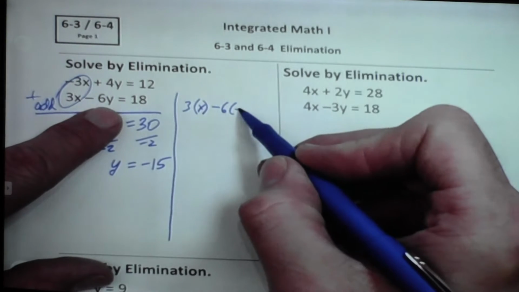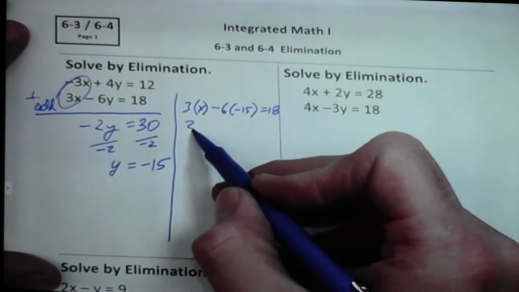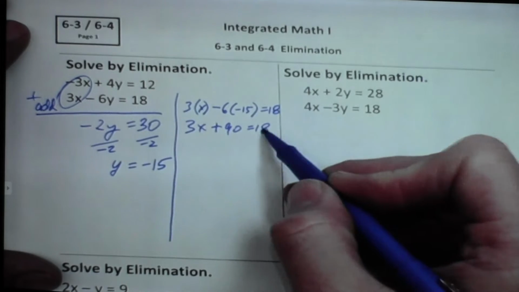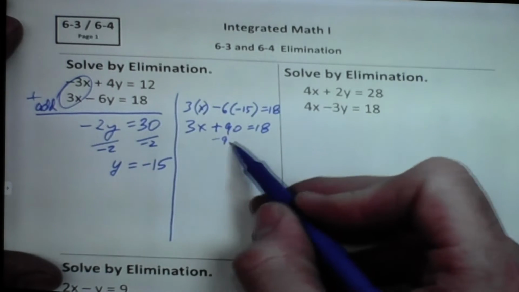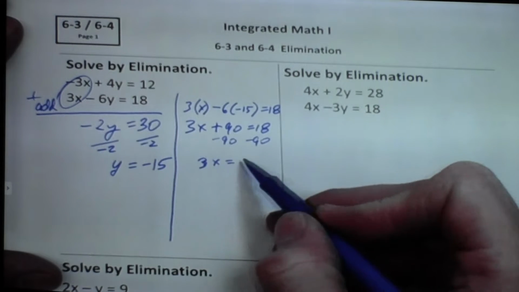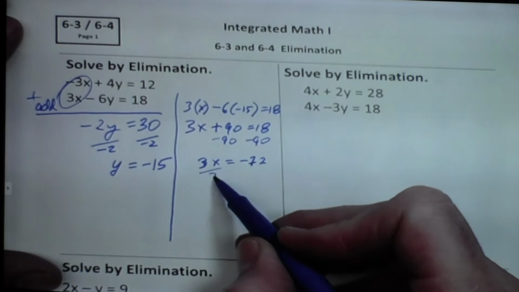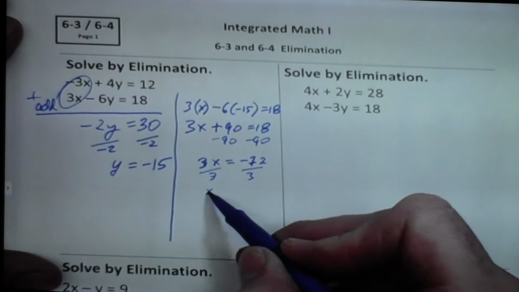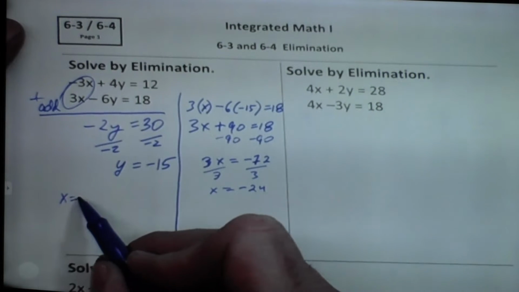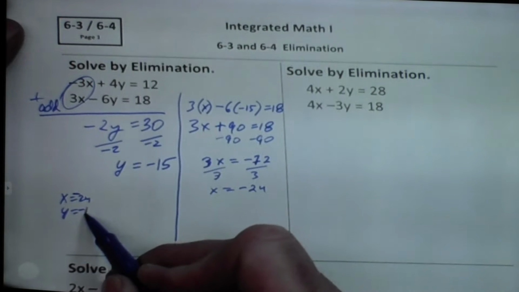But minus 6, negative 15 equals 18. 3x plus 90 equals 18. When I subtract 90 from both sides, I get 3x equals negative 72. And when you divide that by 3, x is a negative 24. So I get x equals negative 24. There's that negative. Y equals negative 15.